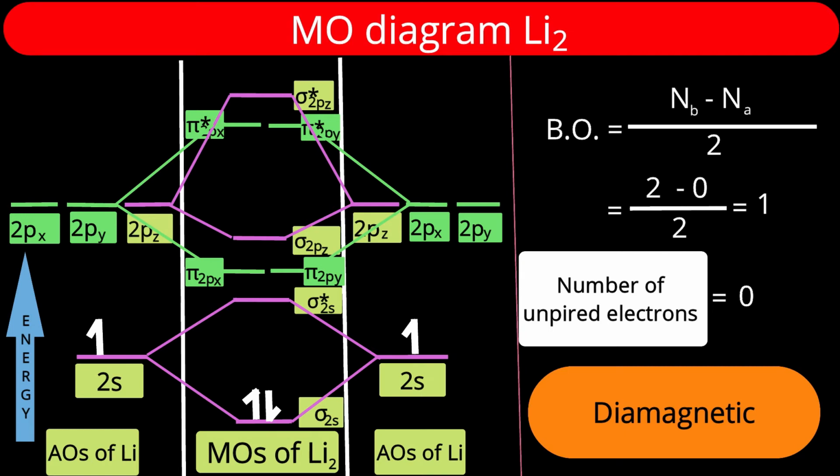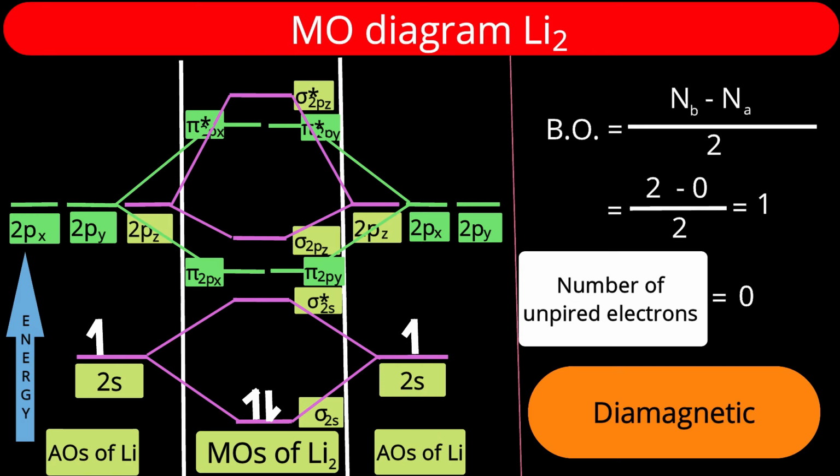The sigma 2Pz and sigma star 2Pz interaction we understood. Think about the other 2p orbitals, which are 2px and 2py. The 2px orbital from lithium will interact with the 2px orbital of the other lithium to produce bonding 2px and antibonding 2px. But what kind of symmetry does the 2px orbital have? Let us rotate the 2px orbital around the cylindrical axis, the internuclear Z axis. You will find that at one point the positive lobe comes to the negative side and the negative goes to the positive.